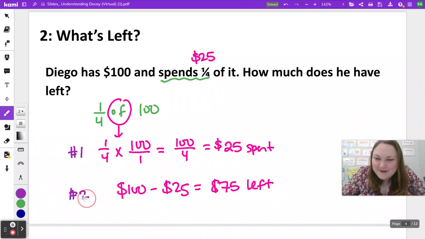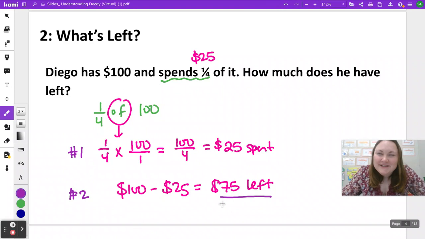And then my second step, I'm using subtraction here to figure out how much money is left. I've taught this lesson a lot at this point, and I would say the majority of students, if they know how to do this problem, this is the math they're doing. They know 1/4 of 100 is $25 and take it away from the 100 to figure out how much money is left over.